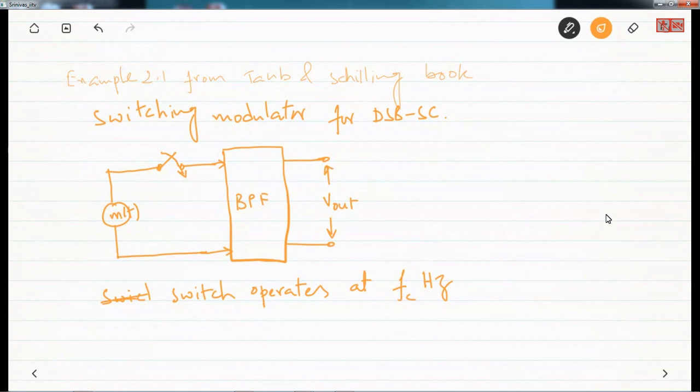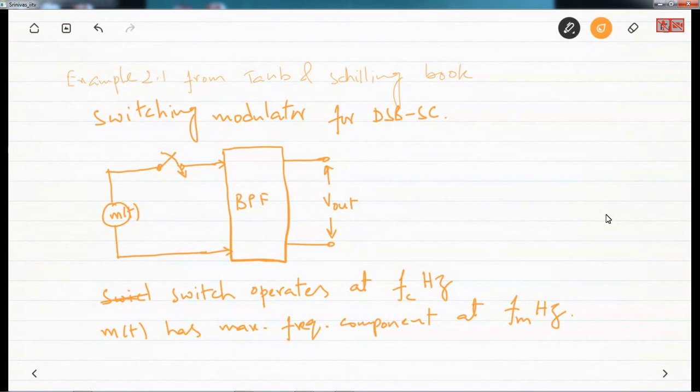Say m(t) has maximum frequency component at fm hertz. So m(t) has a bandwidth of fm. Basically, it is a baseband signal having some spectrum from 0 to fm hertz, right?